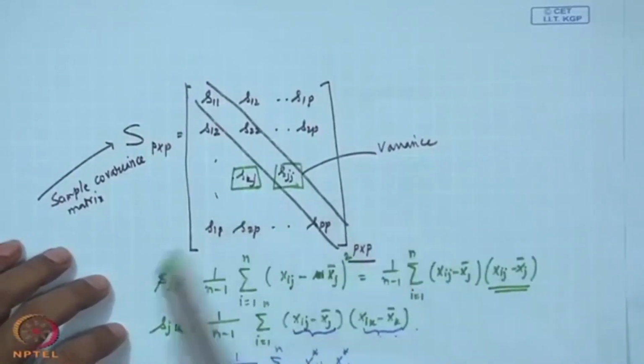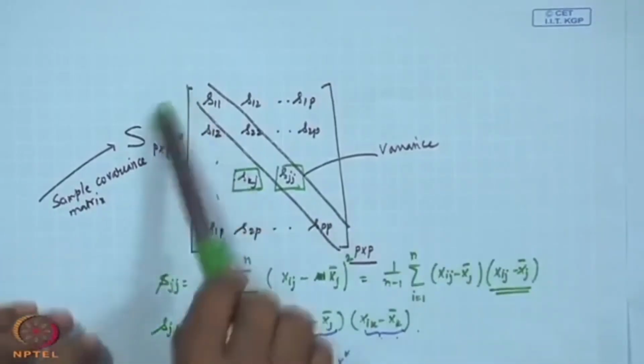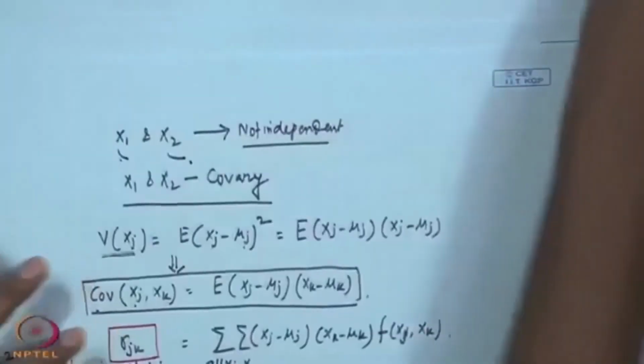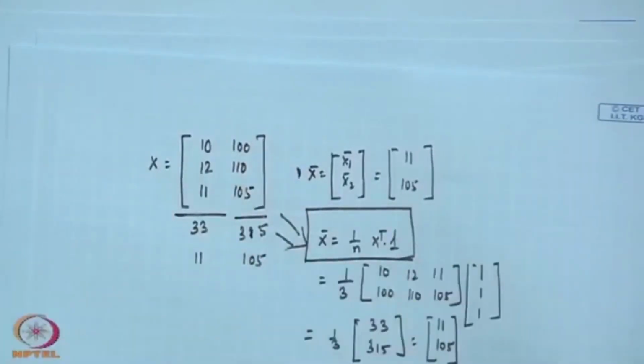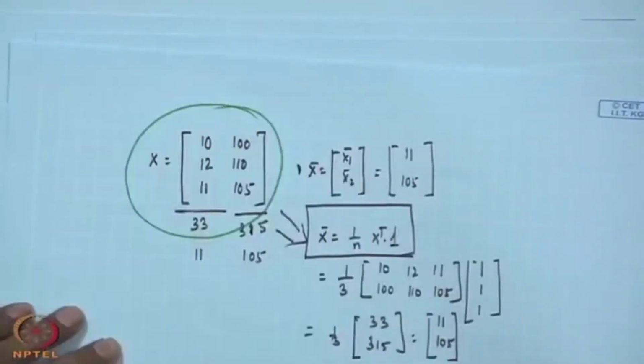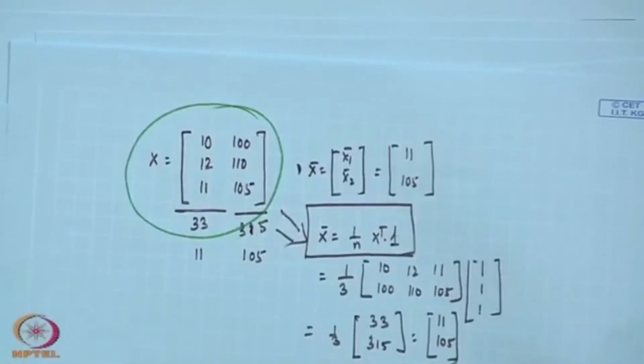Using this formulation, can you calculate? Take the same data points, the first 3 variable values I think I have given you. Suppose these are my data points. You already calculated the mean value.